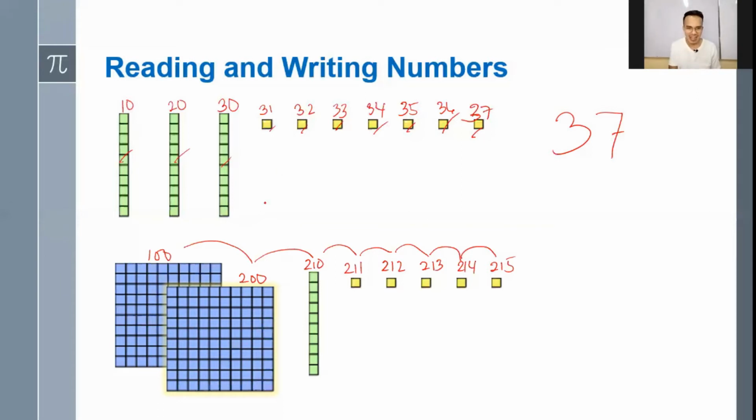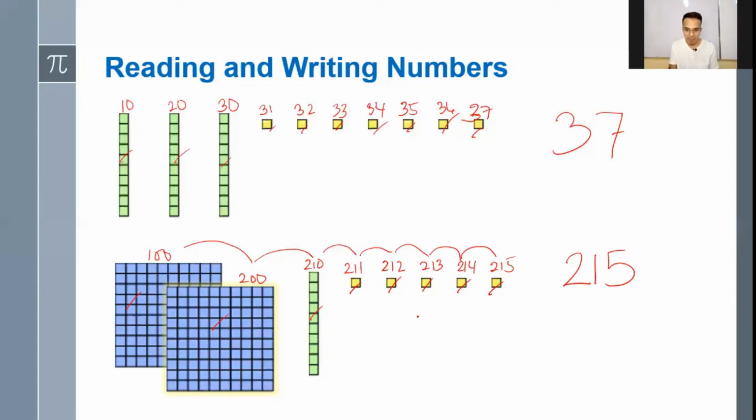Let's count it again. We have 100, 200, 210, 211, 212, 213, 214, 215. So this is how you're going to write 215: 2, 1, and 5. Our next goal is how we are going to write 215 in words.